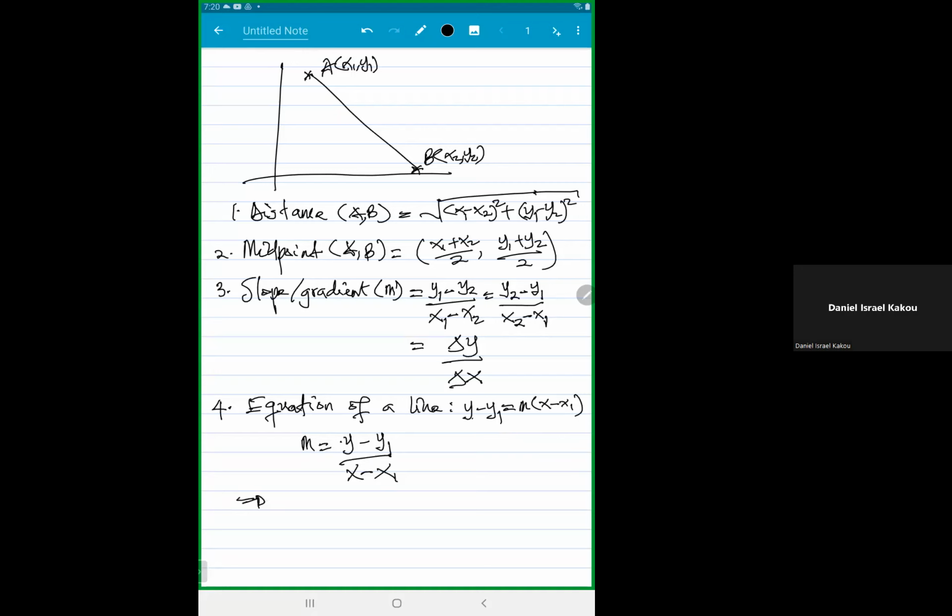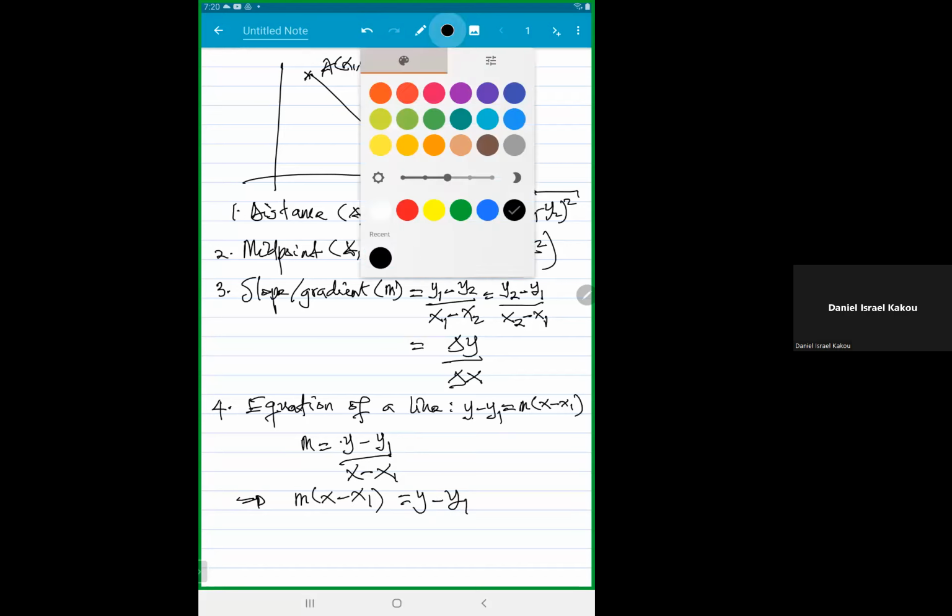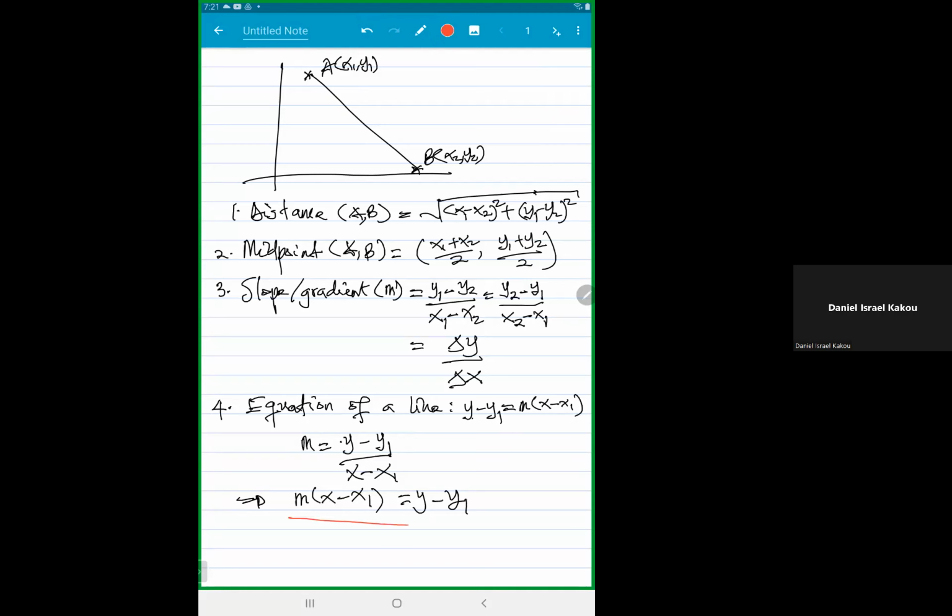So if I cross multiply, I would have m multiplied by x minus x1, and this is equal to y minus y1. And this formula is basically what we have here, right?